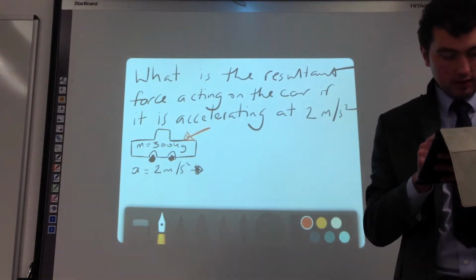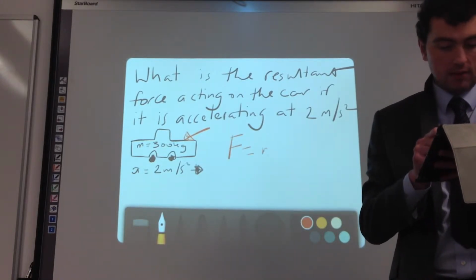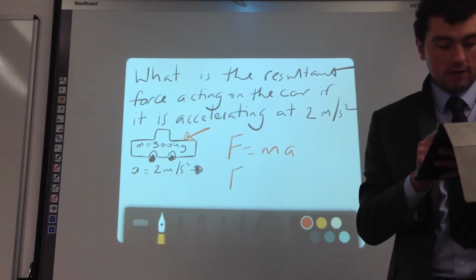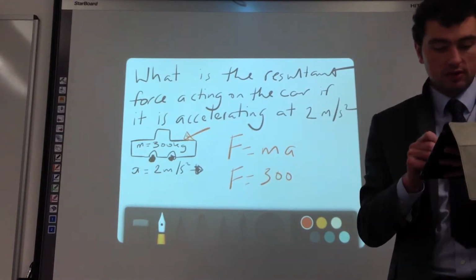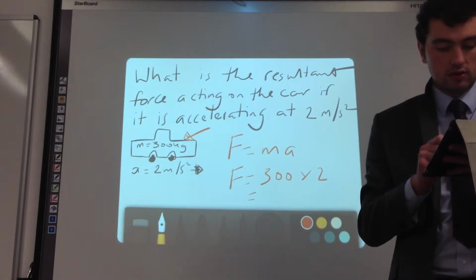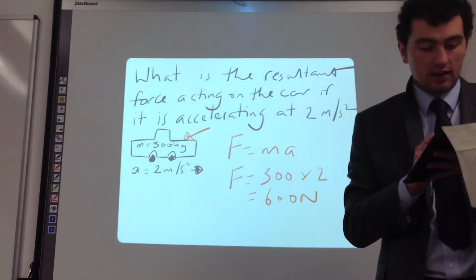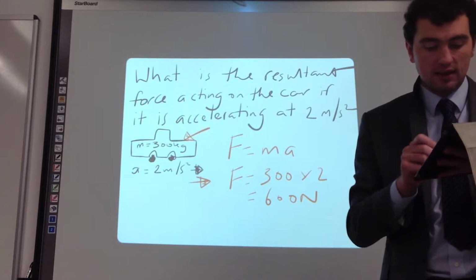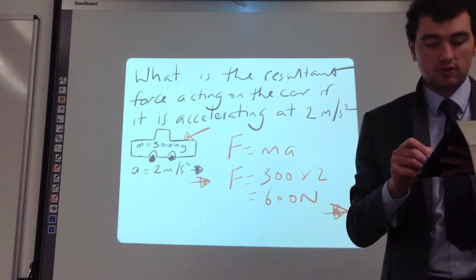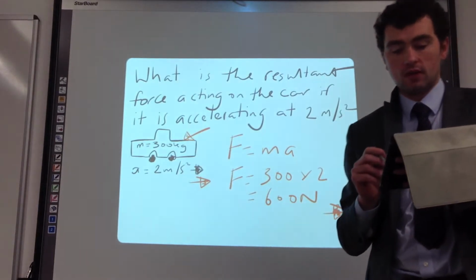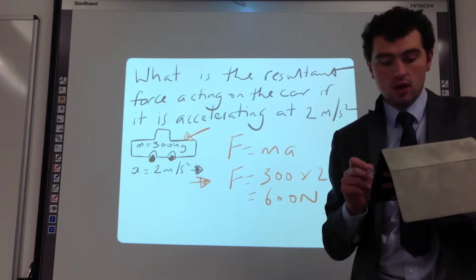I just use F equals ma, so F is equal to the mass, 300, times the acceleration, 2, which is equal to 600 newtons. Now, if it is accelerating in this direction, that means that 600 newtons must be acting in the same direction. So 600 newtons is in that direction there. The force and the acceleration are always in the same direction.